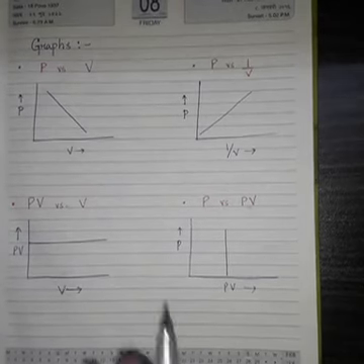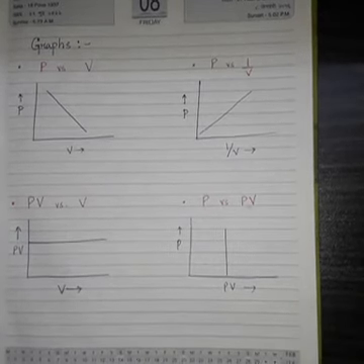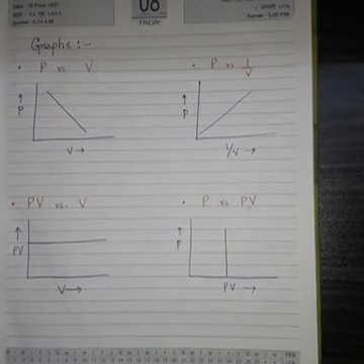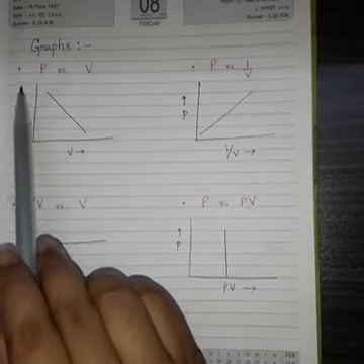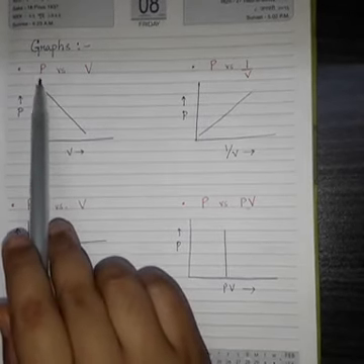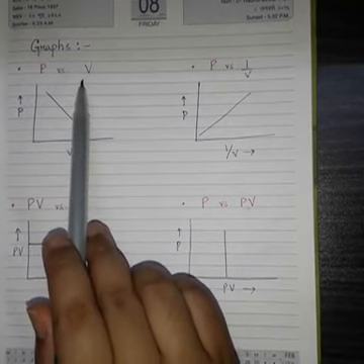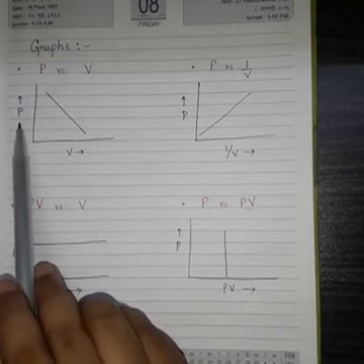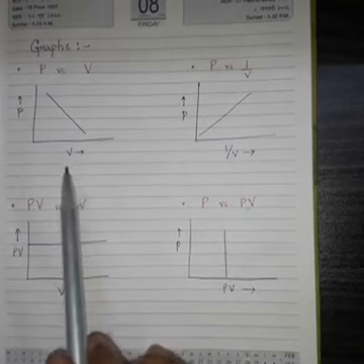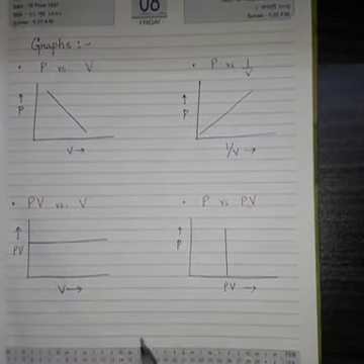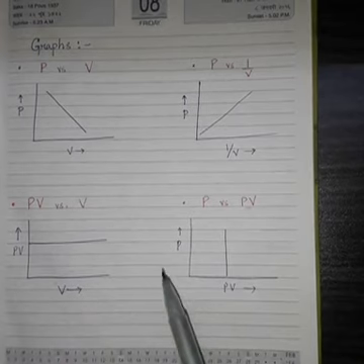Now, since we have already learned how they are related to each other, let us learn to plot some graphs. How to plot, let us see. The first graph, if you can look in the page, is a pressure versus volume graph. I have taken P in the y-axis and V in the x-axis. Now this is common sense from your information of mathematics, students.